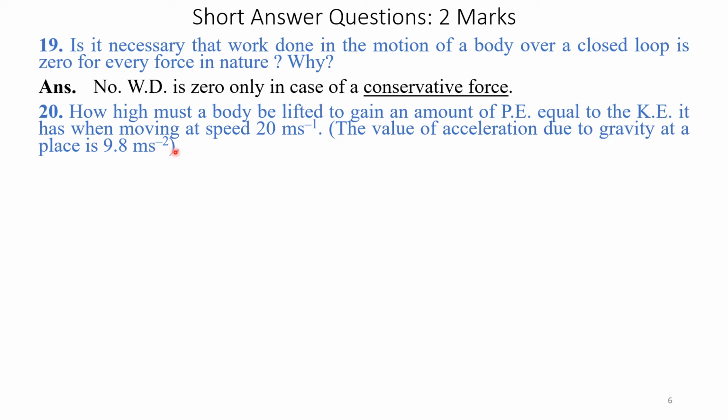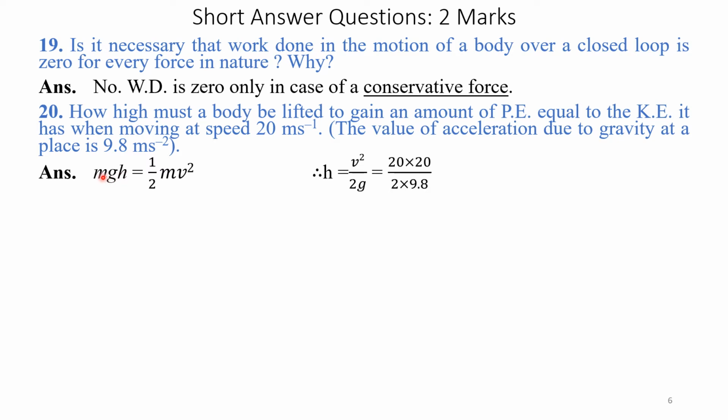So, it is given that potential energy is equal to kinetic energy, velocity is 20 meters per second, and g equals 9.8 meters per second square. Let us solve it. Answer.